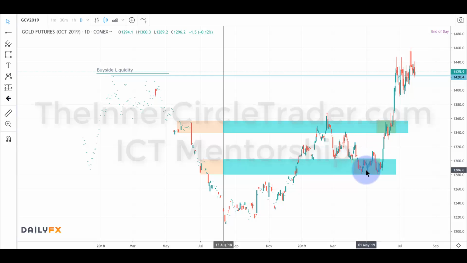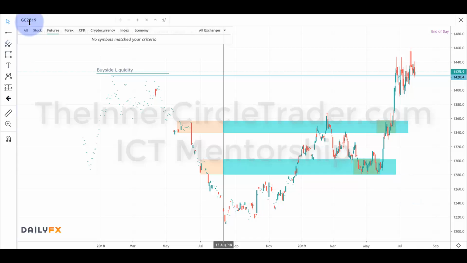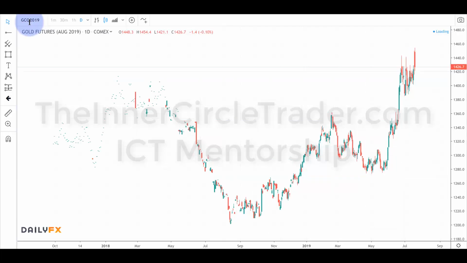Reason why also I'm talking about October is generally October becomes much more liquid. In other words, the largest open interest goes to October, and we don't really see too much of the August contract. So August contract is Q. You can see a little bit thicker in terms of the candles.